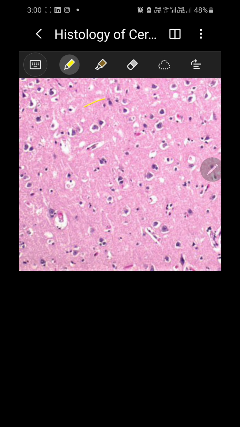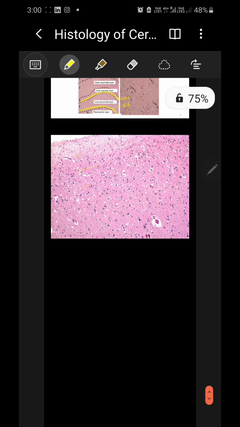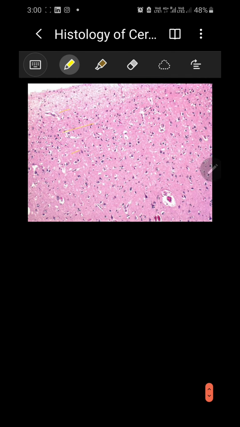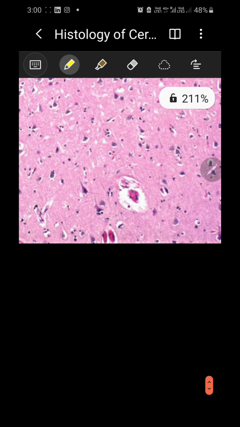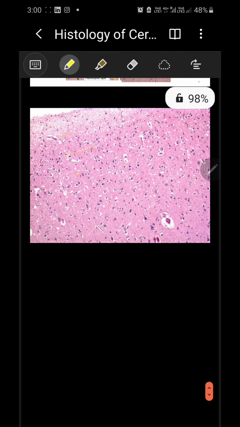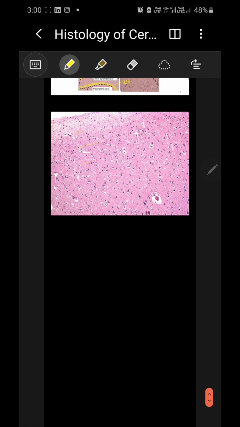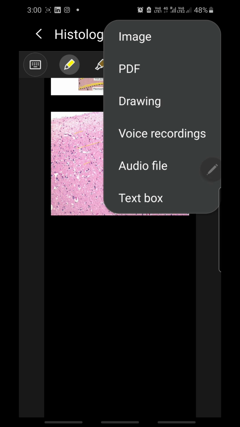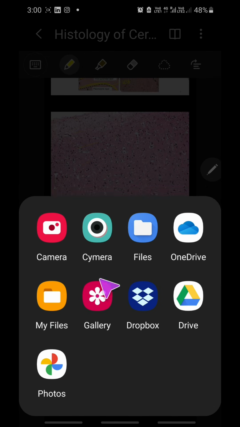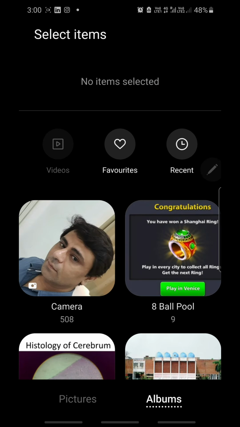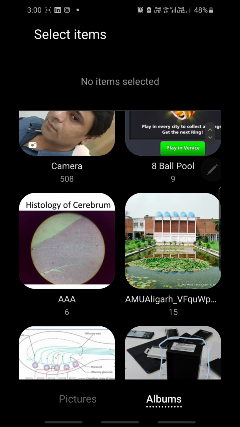That's how you can continue downwards. You find larger cells in the lower layers, and sometimes you find blood capillaries also. That's how you find the cerebral cortex.